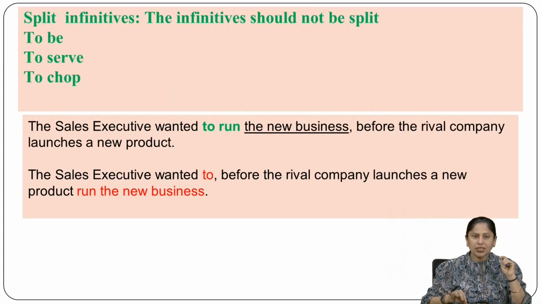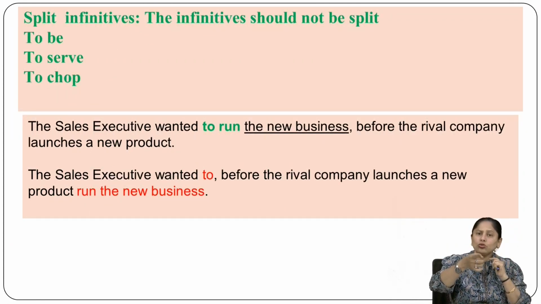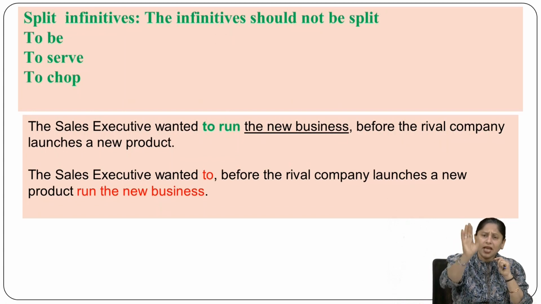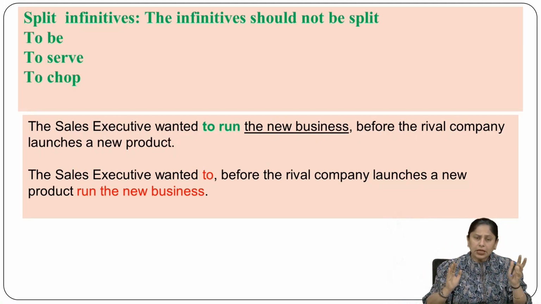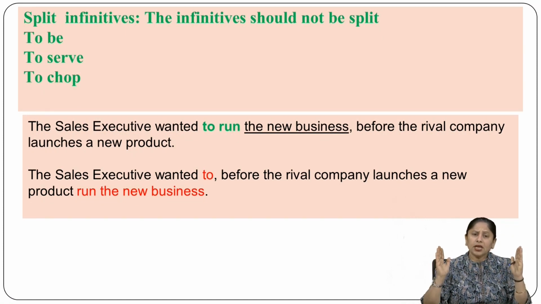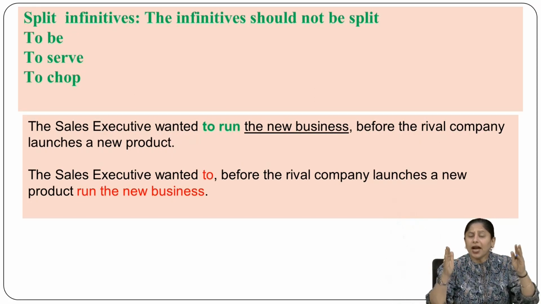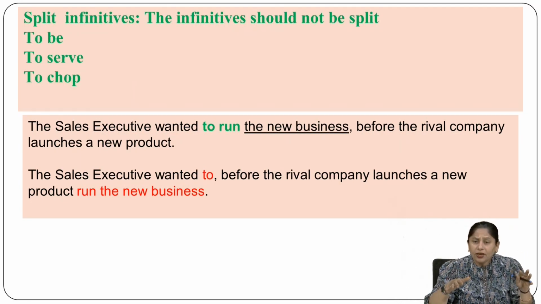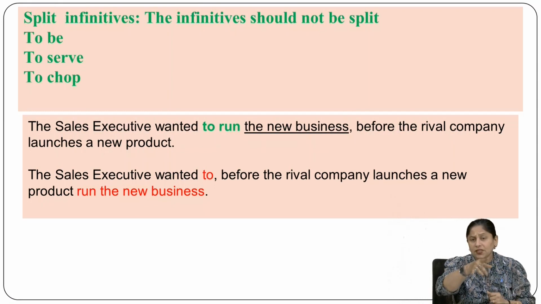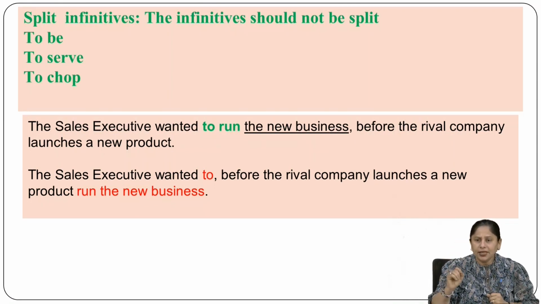So naturally here you can see that to run, then the new business, it is ambiguously kept over here, because afterwards again the person says before the rival company launches a new product. But still this could be a matter of discussion, this could be data spoken in speeches, this could be the lines taken in journalism or in the writing of mass media, because it is a common way to present the data.